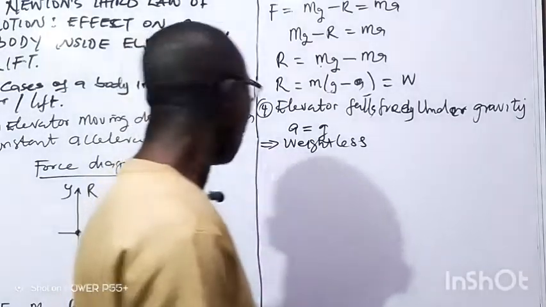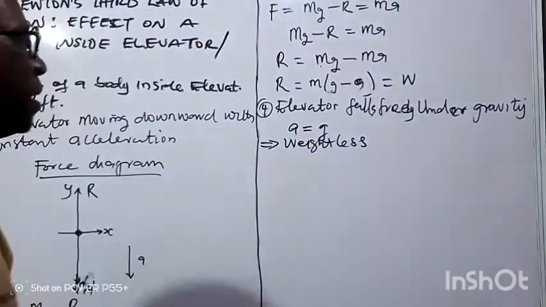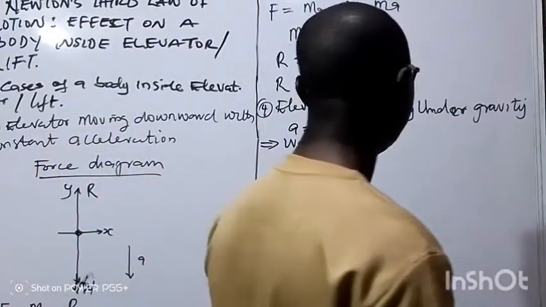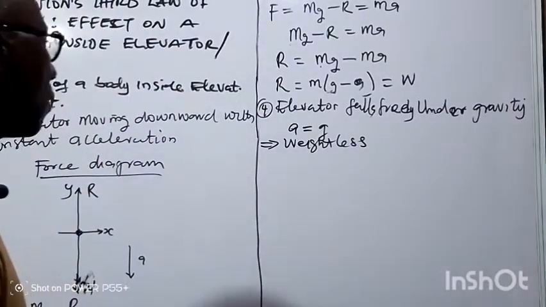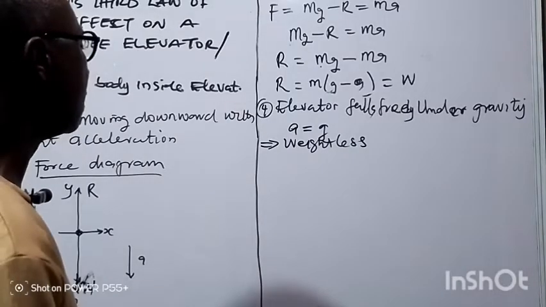And the last one, which is number 4, is that when the elevator falls freely under gravity, the body inside the lift will be weightless and continue to float about inside the elevator.